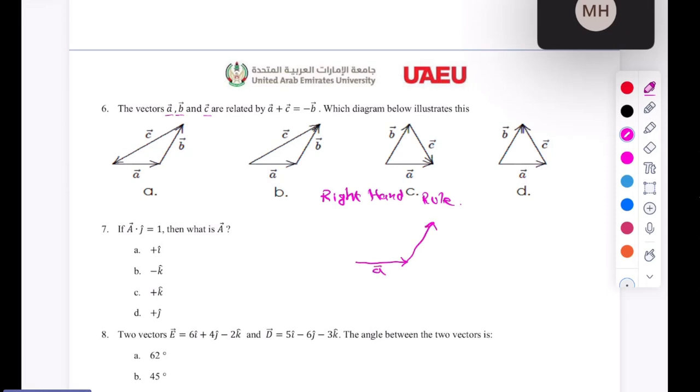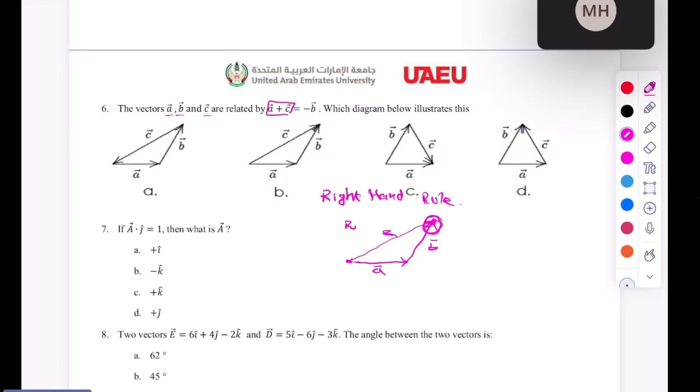This is vector A, this is vector B or C, and this is your third vector. The tail will be the tail and the head will be the head. Where head meets head, this vector is your resultant vector. So we need to identify at which point the vectors have head and head. This is how we add two vectors.